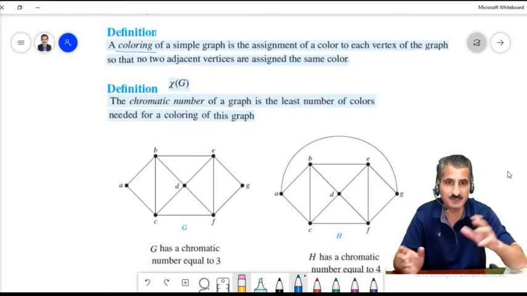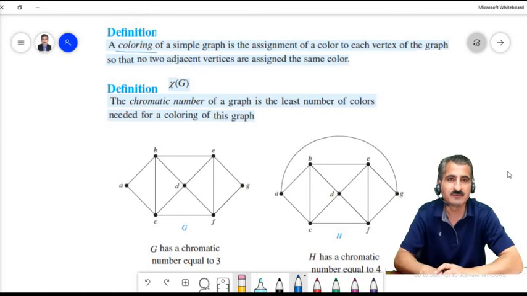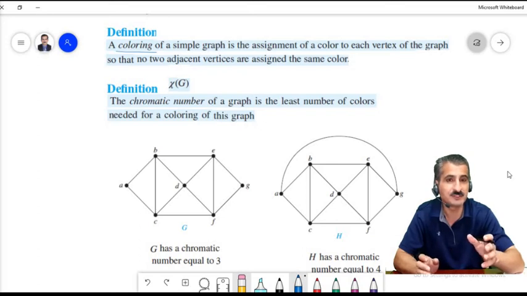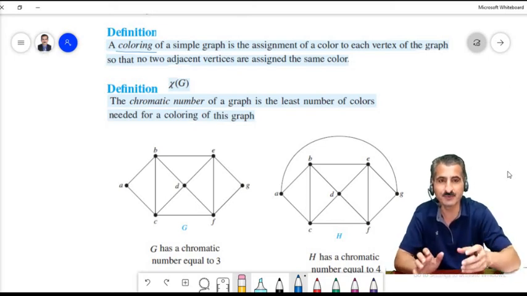All this we call a coloring of the graph. So if we are given a graph and asked, can you color this graph, that means giving colors to vertices so that no two adjacent vertices have the same color. So it is not a random coloring. It's coloring according to that condition.